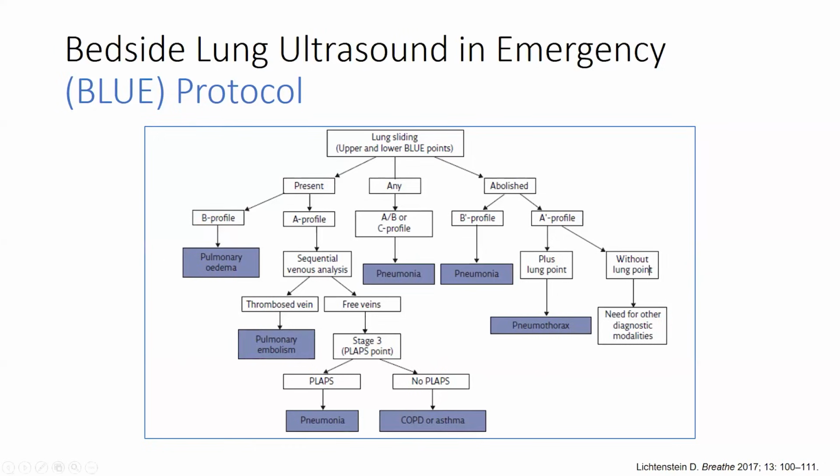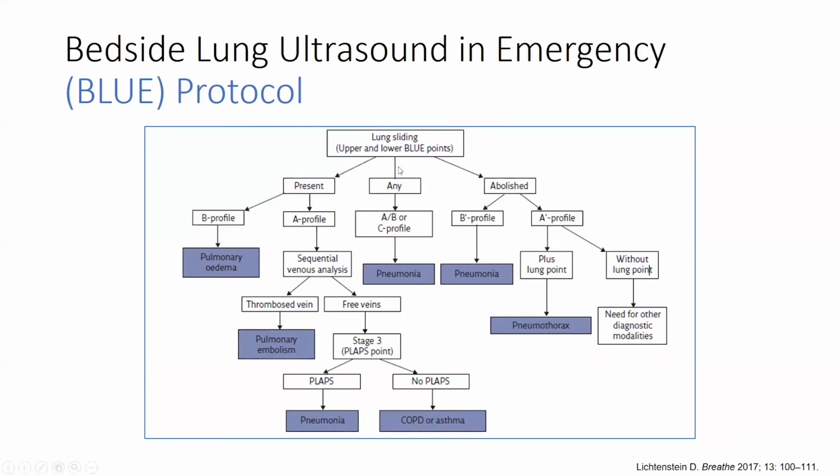If the veins are free, then you go and study your PLAPS point, which is your posterolateral point. And if there is nothing on the PLAPS point, then this patient may have exacerbation of COPD or asthma.